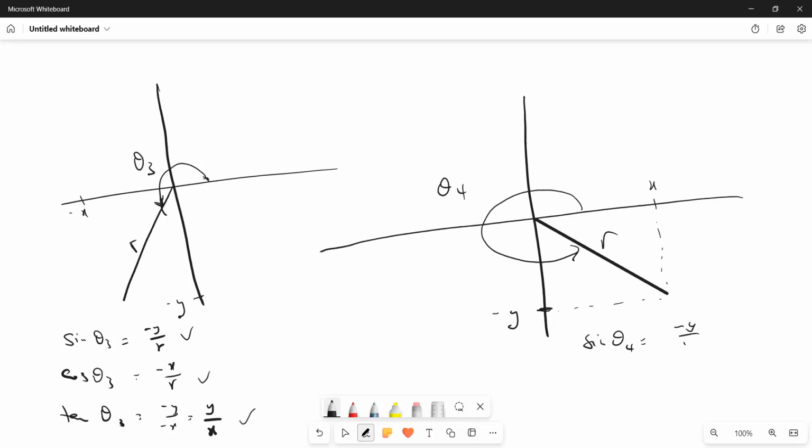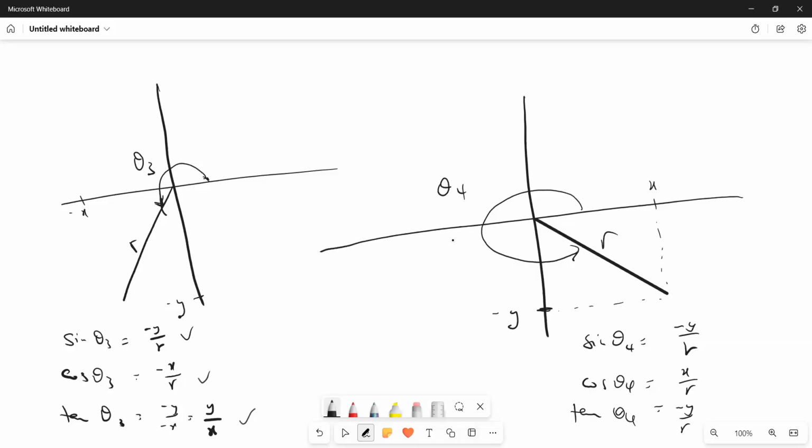Minus y over r. Cos of theta 4 is x over r. Tan of theta 4 is minus y over r, right?